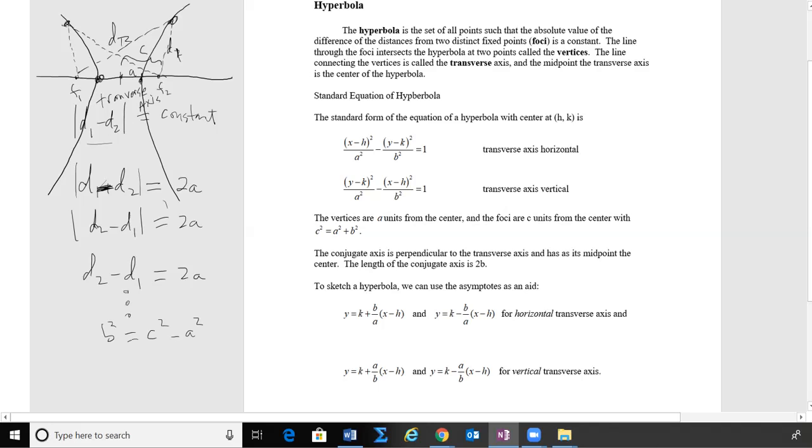C is the distance from the center out to the focus, and a is from the center to the vertex. So if you make this substitution using the distance formula and a good amount of algebra, with this substitution, you will end up with, in the orientation that we have here, this.